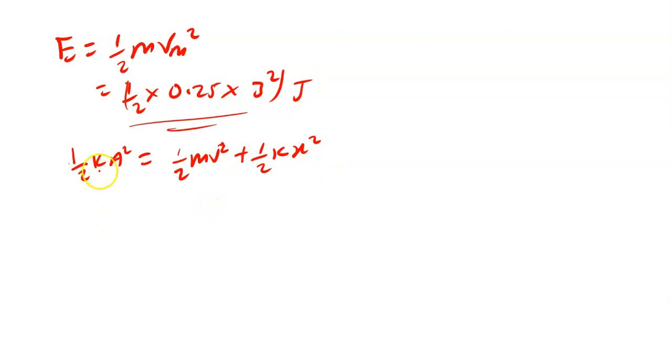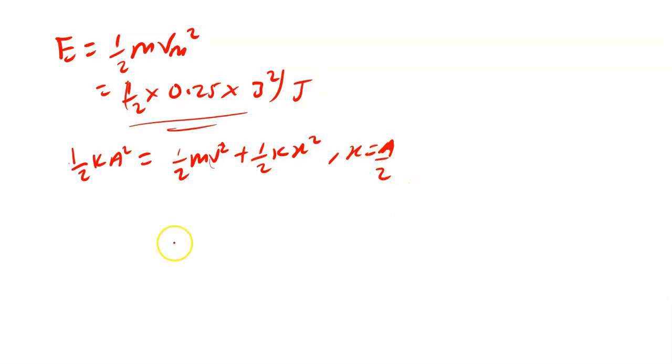So we know the spring constant, we know the amplitude. We've also been given the mass of the block. We are looking for this speed. We know the spring constant, and we know the value of x, which according to the question is a over 2.